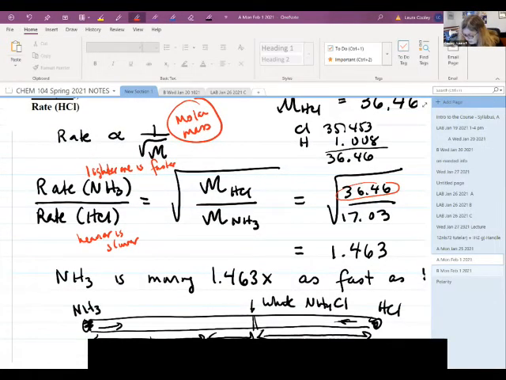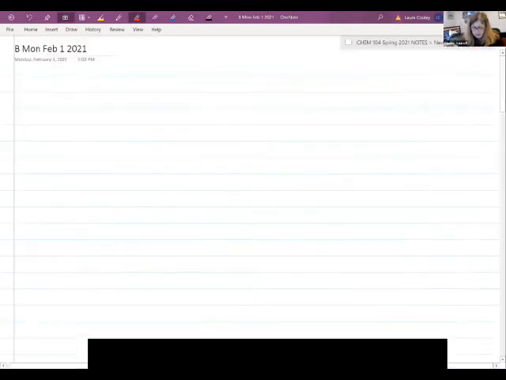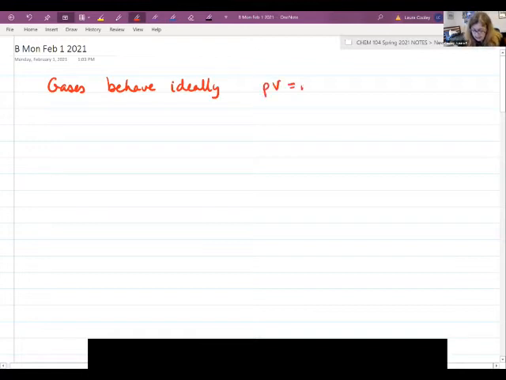So, you know, we're really done with the gases. I just have a couple more words to say because we're heading into liquids. I would say that gases behave ideally, which means they obey the ideal gas law, right? Under most normal conditions.